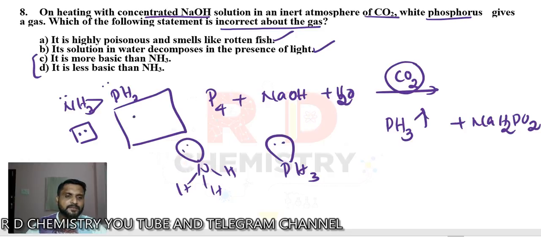In both cases, there are two electrons in the lone pair. Here, in the small space, only two electrons are there, so electron density is more in the case of ammonia. Therefore, ammonia is more basic than PH3. But they have given PH3 is more basic, which is a wrong statement. Therefore, the answer is option number C here. Okay, you have found the incorrect statement. Clear?